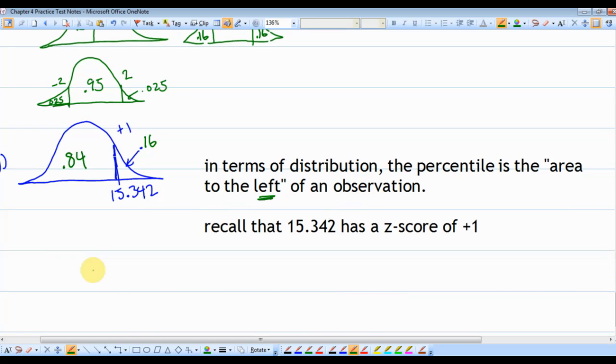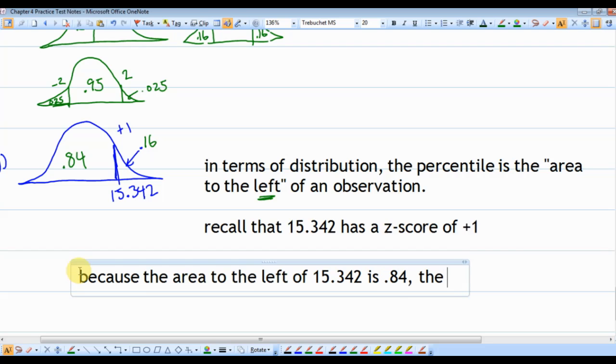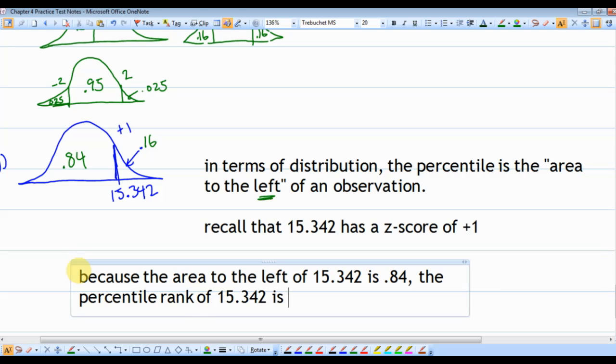If the area to the left of 15.342 is 0.84, the percentile rank of 15.342 is also 84%. Percentile rank is the same thing as area to the left.